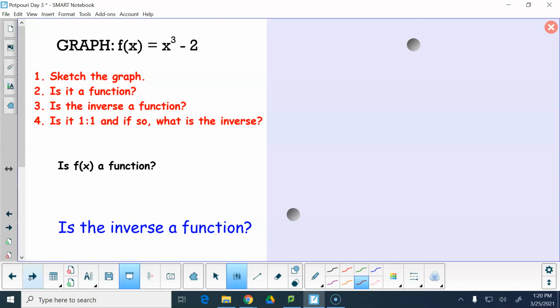Then as it gets closer and closer to 0, it's going to curve and rise up to -2, because at 0 it's going to be at -2. And then it keeps going up, because it's a cubic, so positive times positive times positive is a positive. So it's going to look like that.